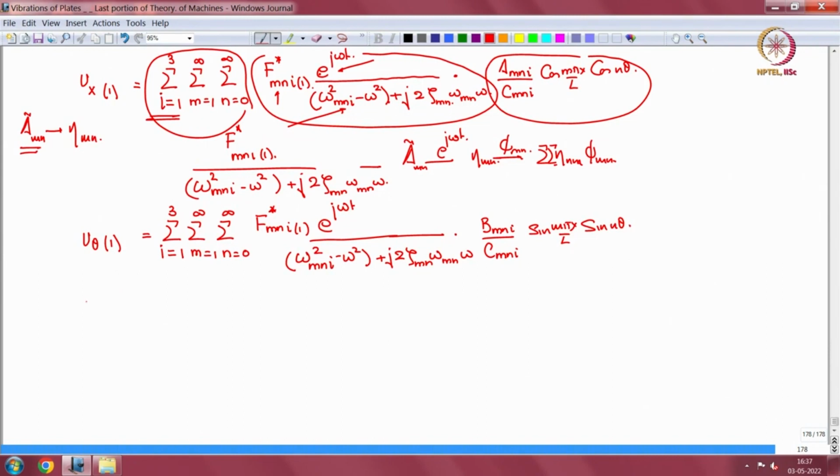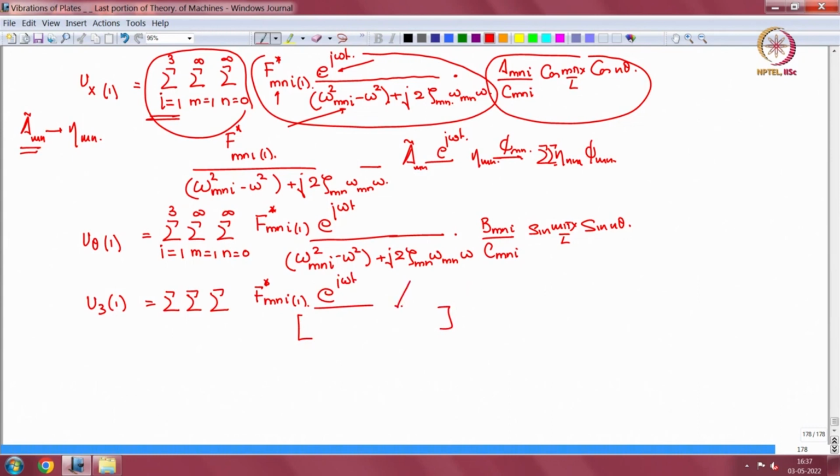and u3 for the first set is similarly a triple sum, f star m n i 1, e to the power of j omega t divided by this frequency term. Okay.